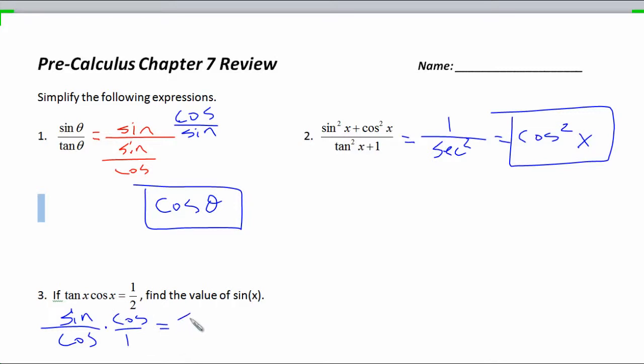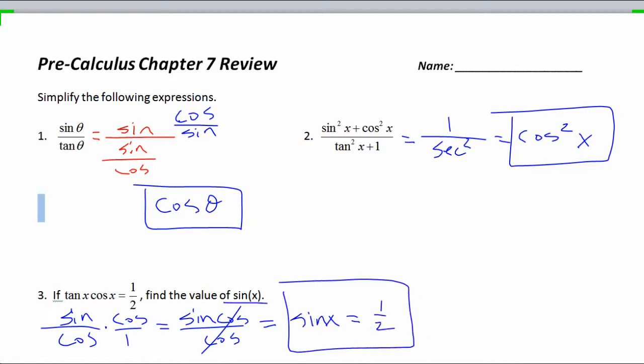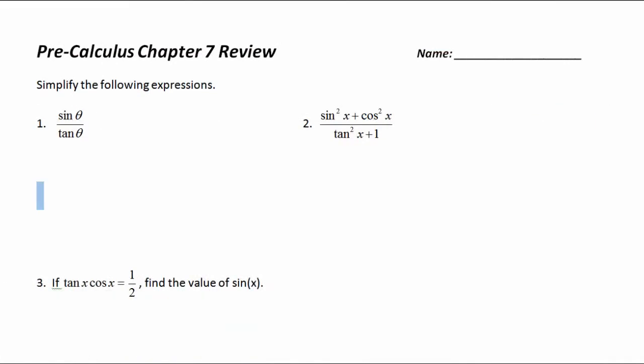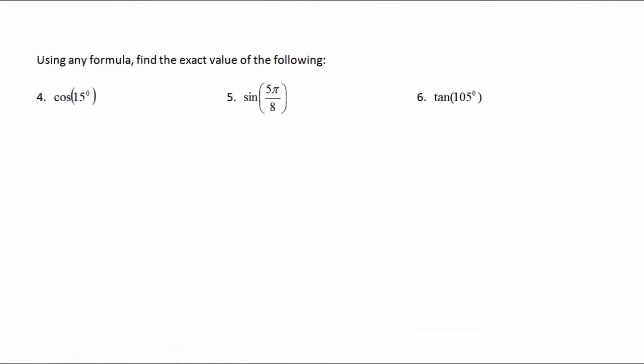And when you go straight across, that's actually sine times cosine all over cosine. These will cancel, and so this ultimately is the sine of x. And so if tangent x cosine x is sine of x, and that's equal to 1/2, I've already found the sine of x. And scroll down, we'll look at a couple more.